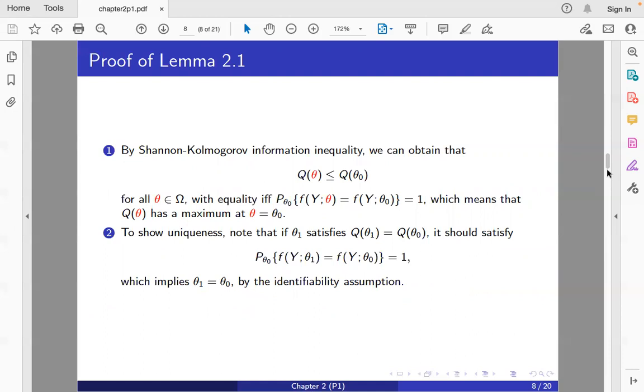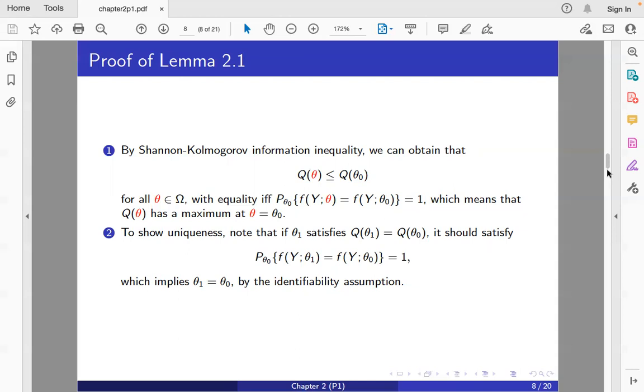And if we use Q theta 0 minus Q theta 1, and I write it as F theta 0 and F theta 1, then by definition, this is the Kullback-Leibler divergence.